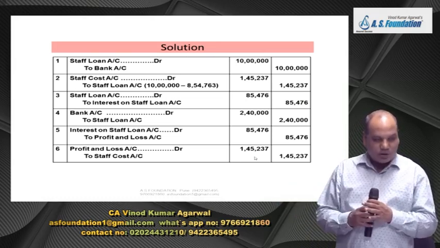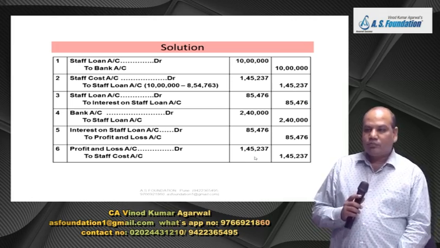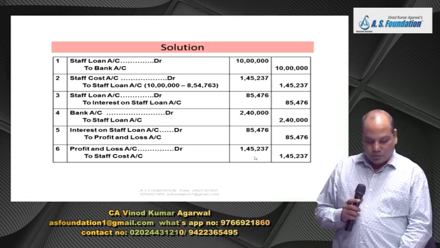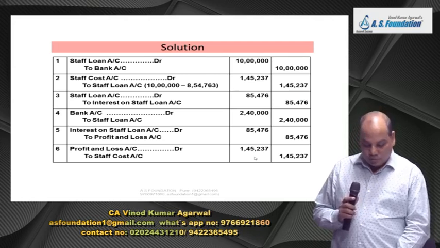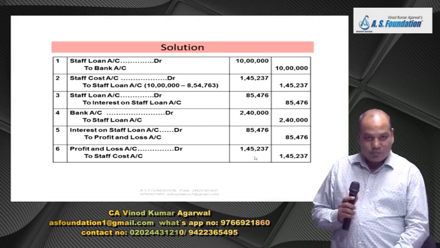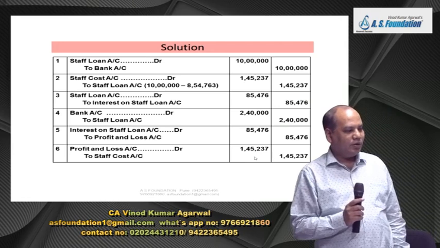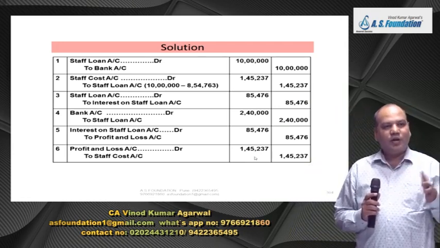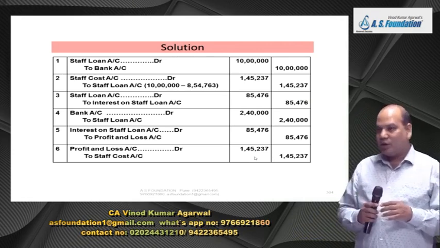It is assumed that the staff cost will vest immediately. So that is why we have transferred it to P&L account. This assumption can be written in the exam. The answer is not over.